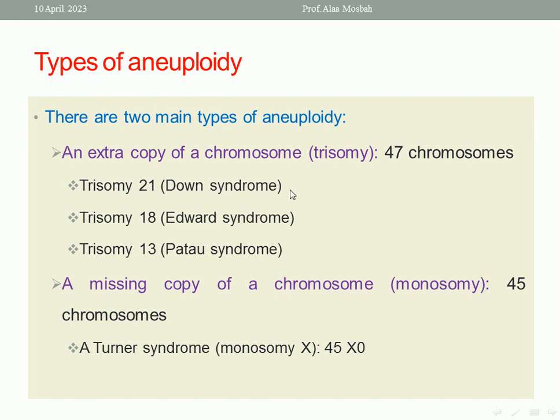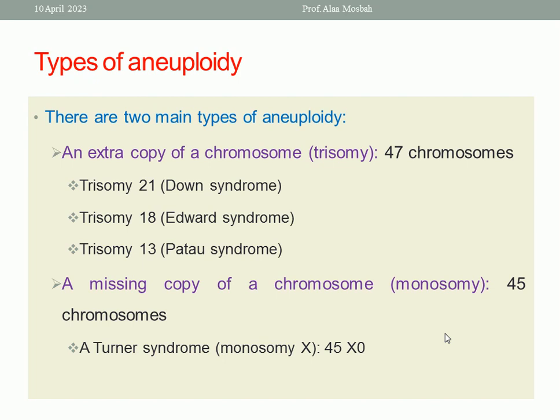Okay? So give us an example for trisomy and an example for monosomy. Trisomy as in trisomy 21 Down syndrome, or trisomy 18 Edwards syndrome, or trisomy 13 Patau syndrome. While monosomy, one of the famous examples for monosomy is monosomy X in Turner syndrome, 45X0.